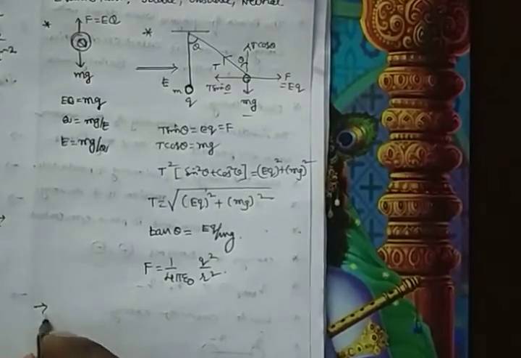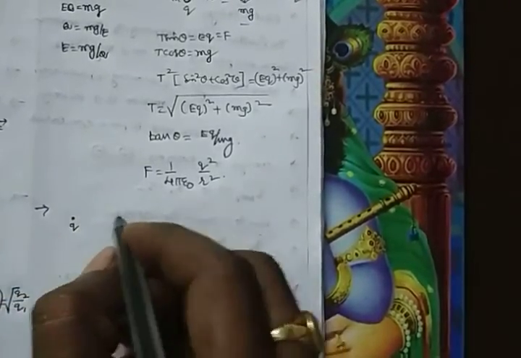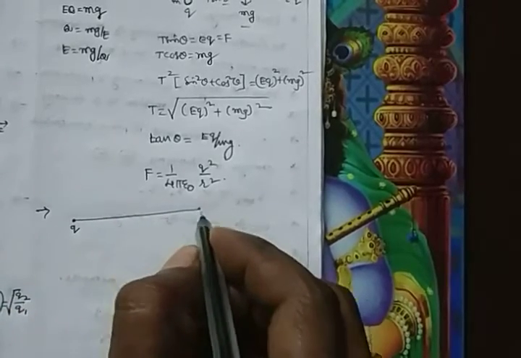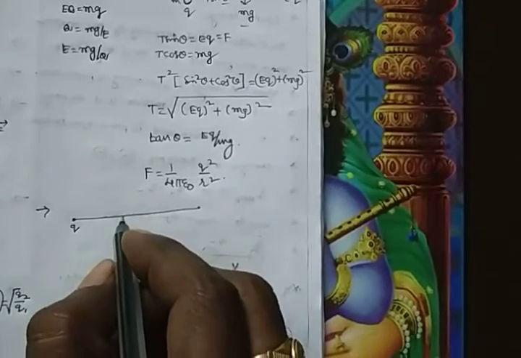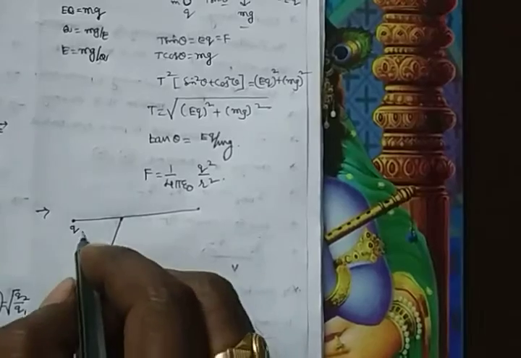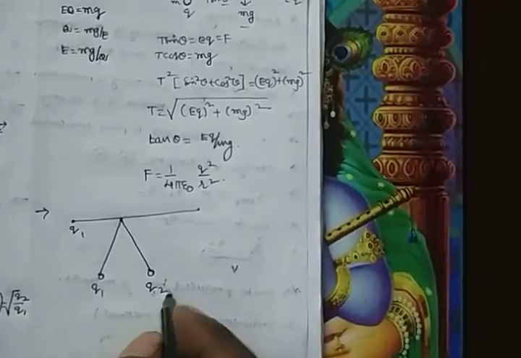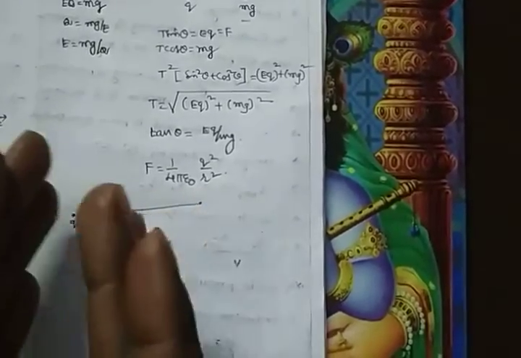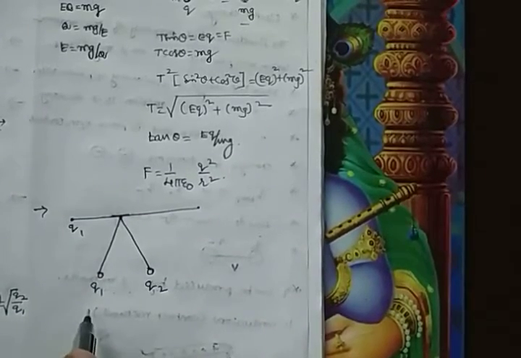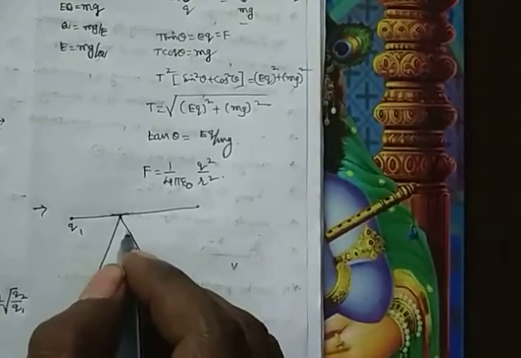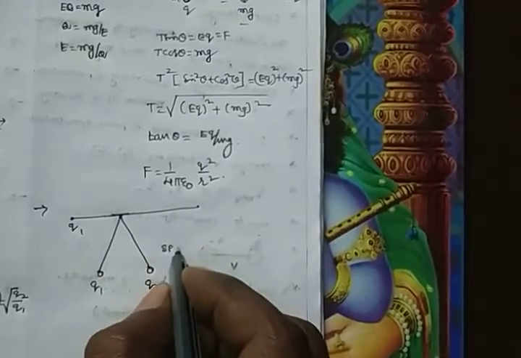For example, consider two charges Q1 and Q2 initially suspended like this, near to each other. Now between these two charges there exists a force of repulsion. Now the total system of these two charges is taken into space.